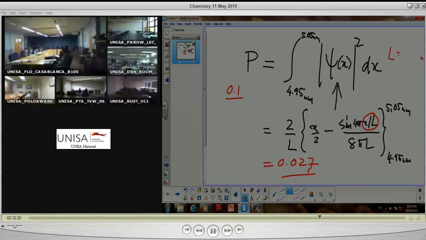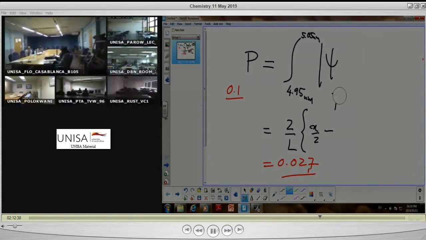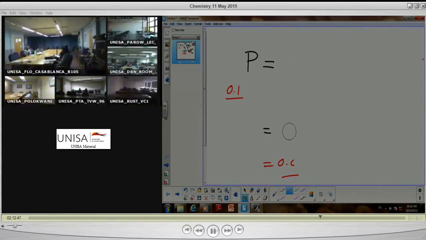So, what is a square well? The text doesn't really explain. But another text, it's like this. What is a square well?